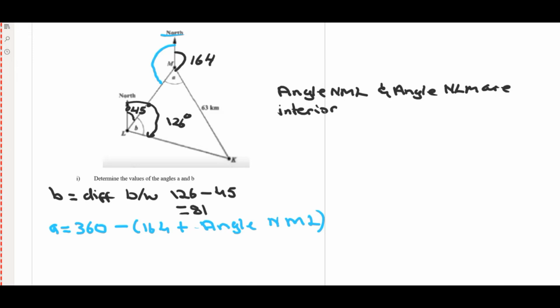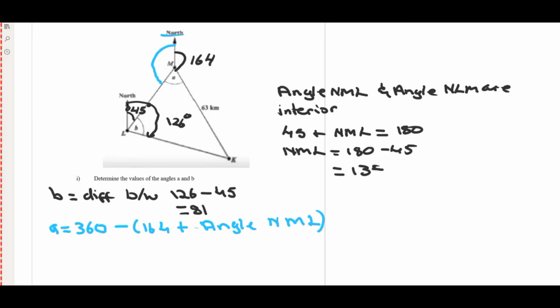Meaning when you add them up, it's 180. So 45 plus NML is equal to 180. So NML would be 180 minus 45. All right, 180 minus 45 is 135.